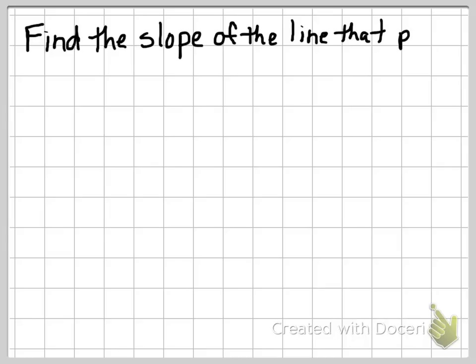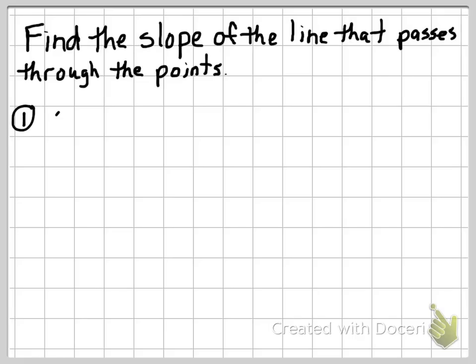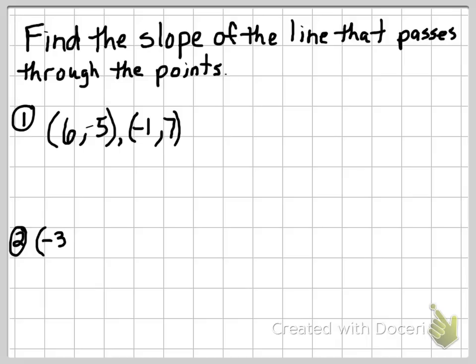And on the first two, it's going to give you the 2 points that the line goes through. And the other one, it's going to give you a graph. So the first one is a line that goes through the point (6, -5) and the point (-1, 7).